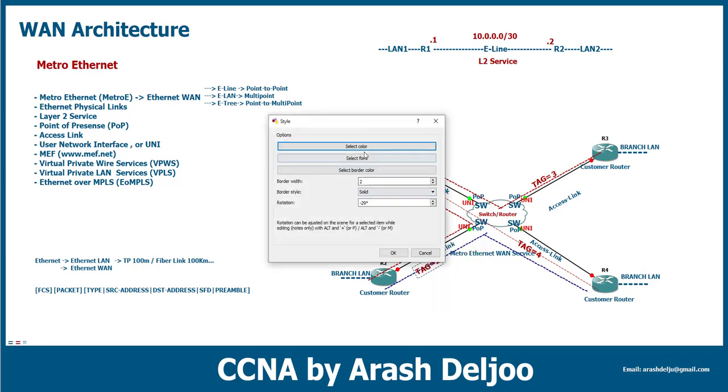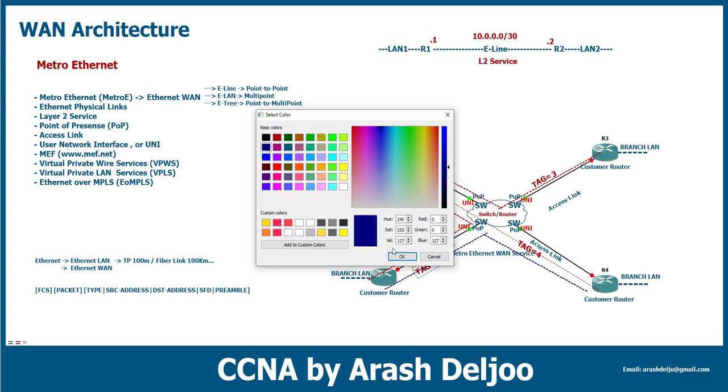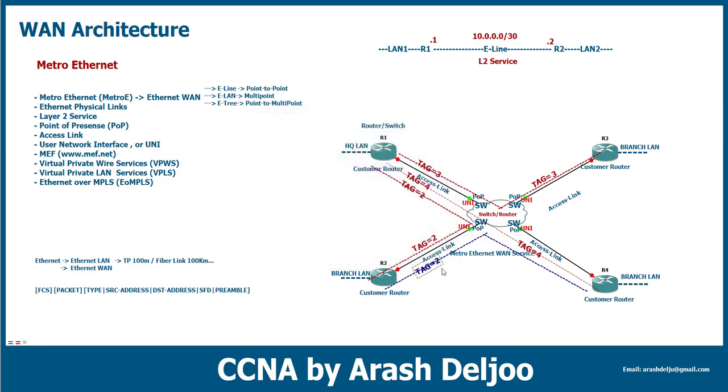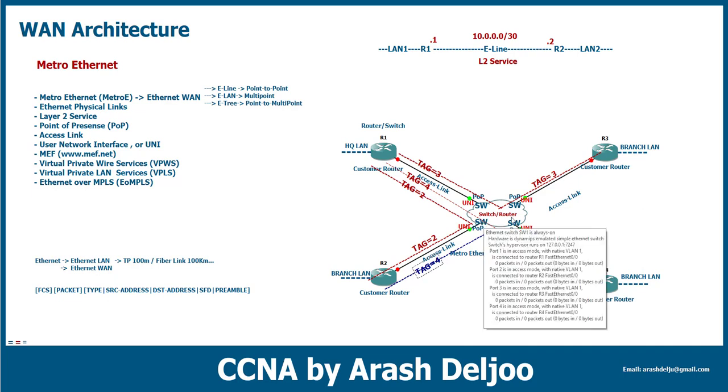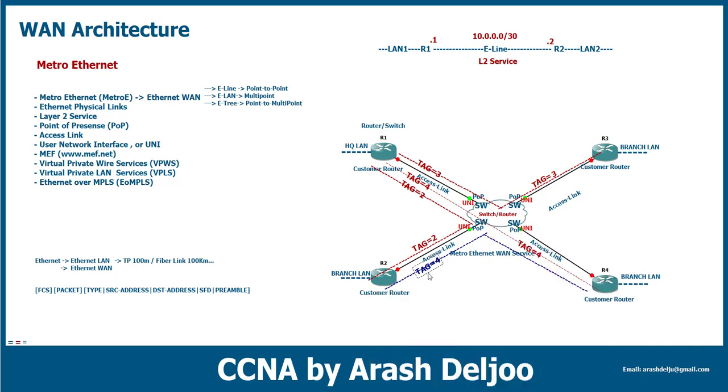Look at here. This is, for example, tag 3. With tag 3, we are sending the traffic to, or tag 4. Okay, with tag 4, we can send traffic to the router 4 here. When you are using tag 4, actually you are forwarding the traffic, and when the traffic is received in the service provider, it should forward this traffic to the router 4. Or it is not mandatory to use tag 4.